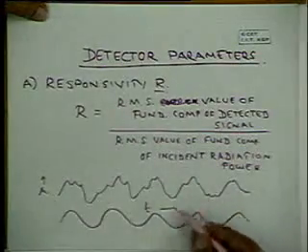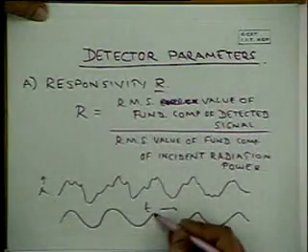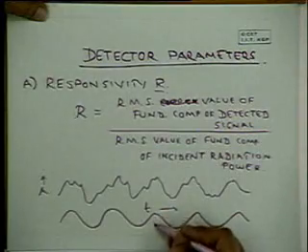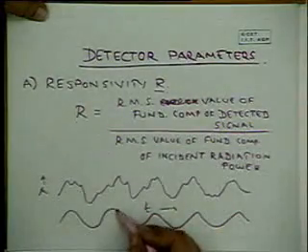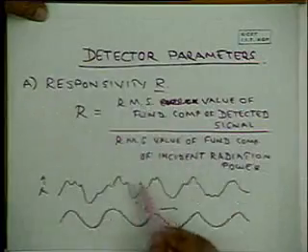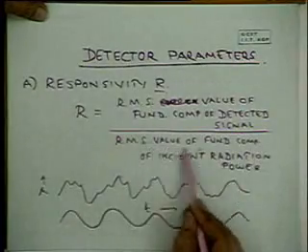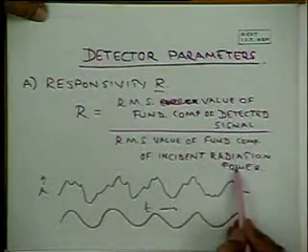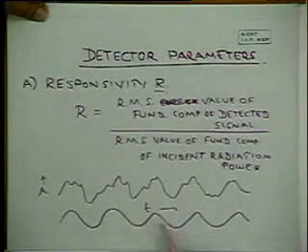So this is the fundamental component, and we want to find out what is the RMS value of the fundamental component and compare with the RMS value of the fundamental of the incident radiation power, which is causing this signal.